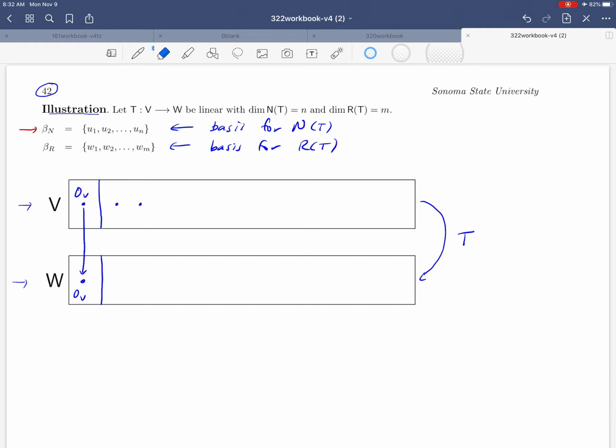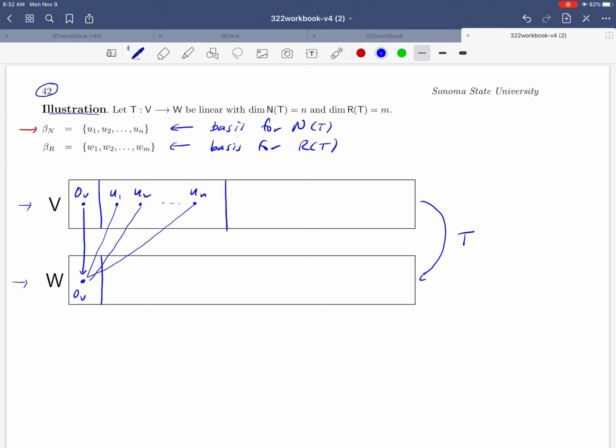Just to save space, let's label those u1, u2, and keep going until we get to un. Because those are in the null space, all of those vectors map to the zero vector. So our diagram so far looks like that.